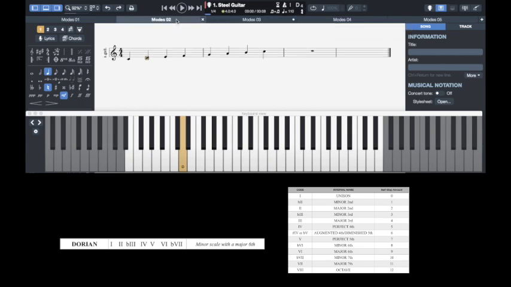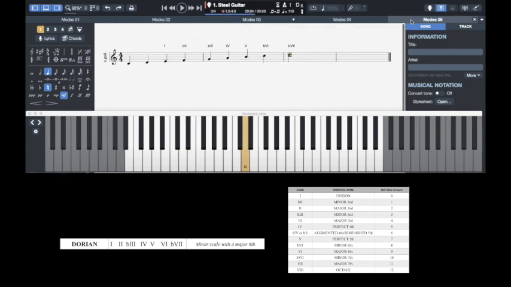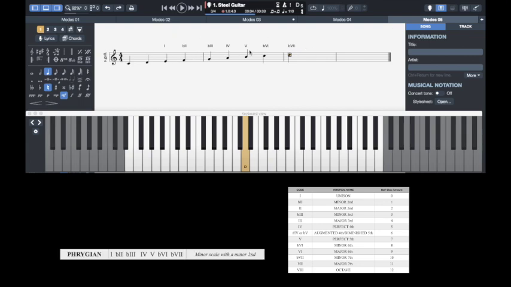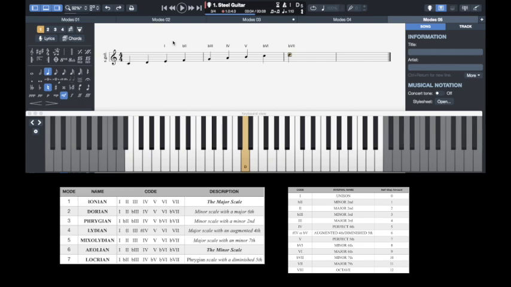We want to start on the third step, so we start here, and we will then get this, which you will find is the code for the Phrygian scale. So the Phrygian scale is the third mode of the major scale.